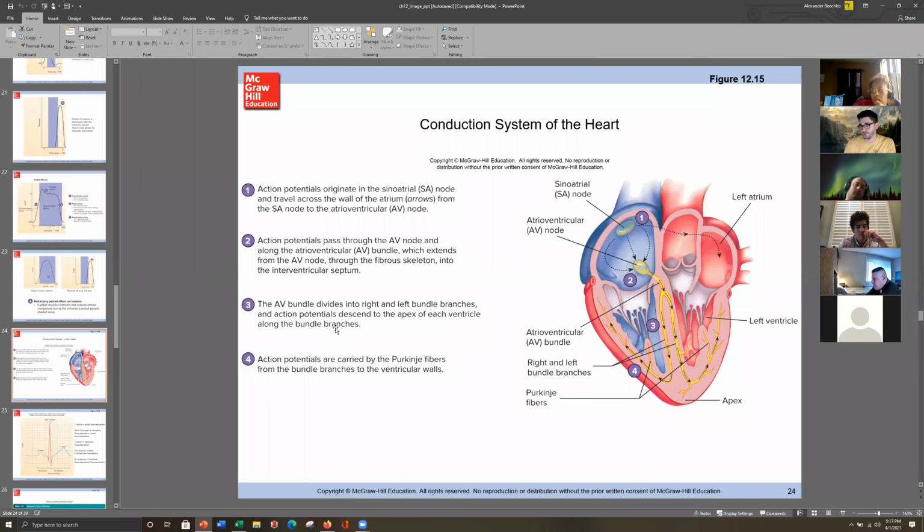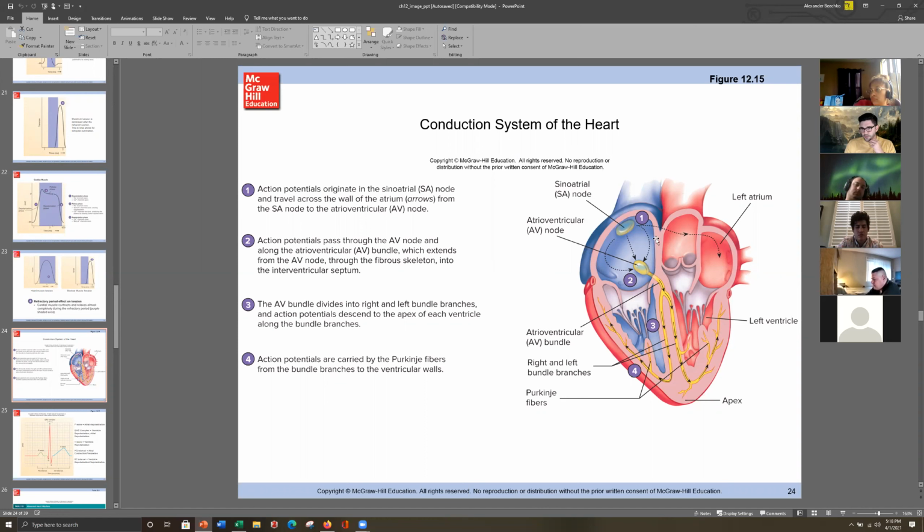So again, looking at those neurons in question, these ones are specifically called Purkinje fibers, okay? So in general, the way that our nervous system introduces electrical impulses into the heart is that everything synapses with the sinoatrial node, AKA the pacemaker.